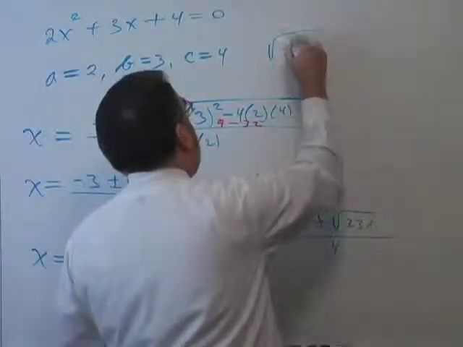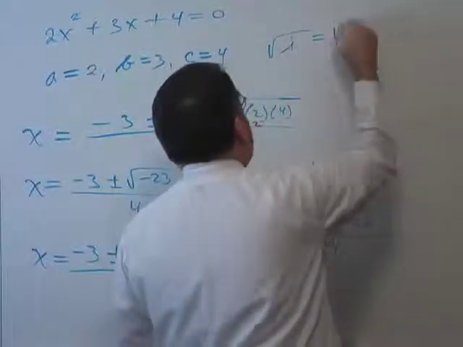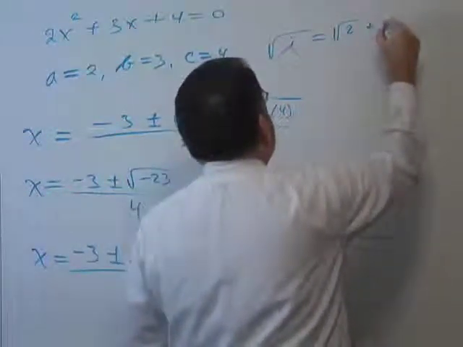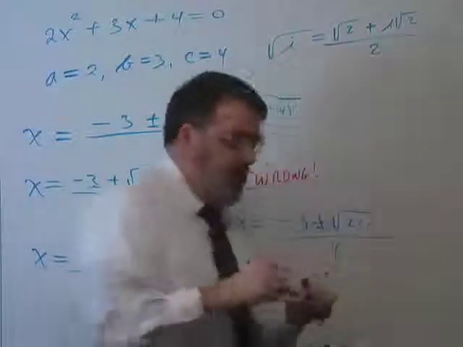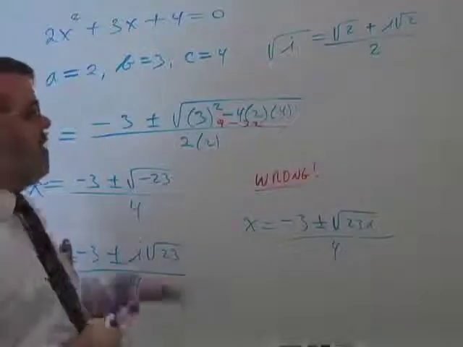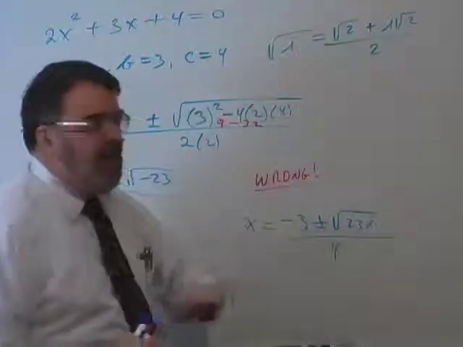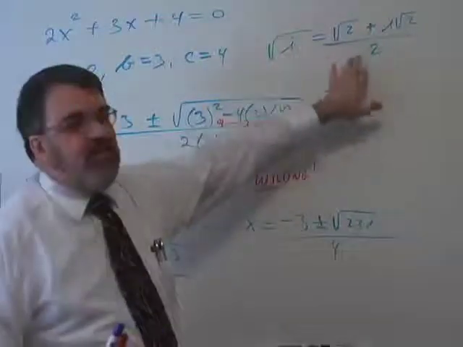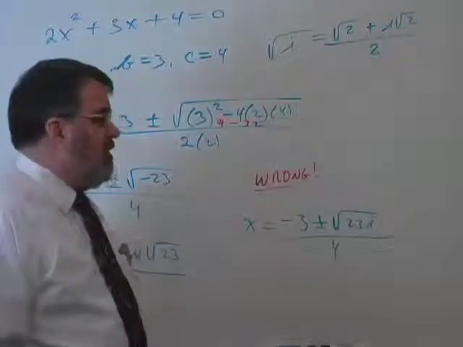The square root of i is a complex number. It's going to be the square root of 2 plus i times the square root of 2, over 2. So you don't need to know this, but when you leave i under the square root, then you've created this new number on top of the other mess you have, and now it becomes totally wrong.